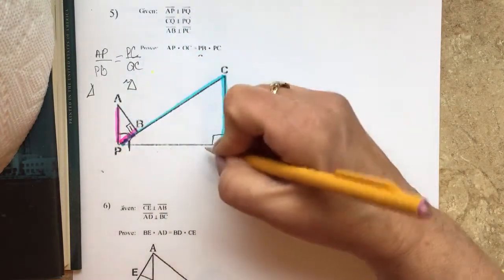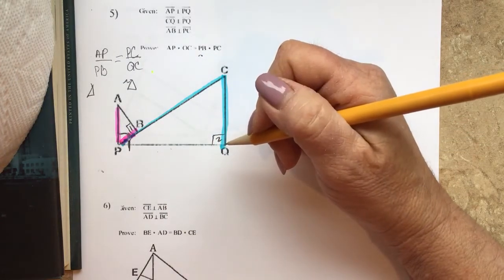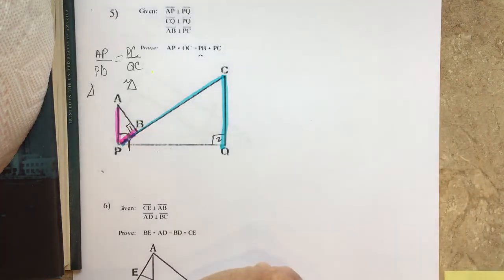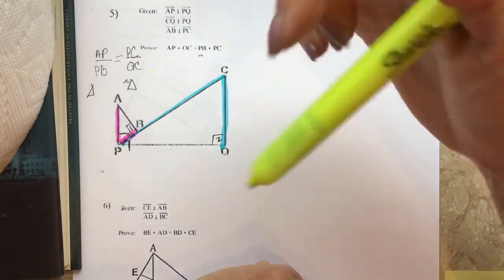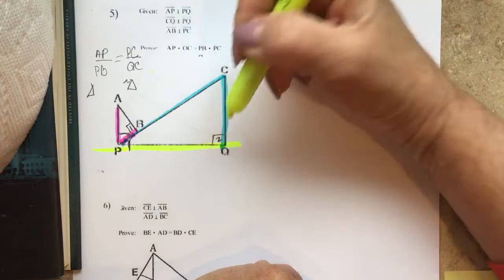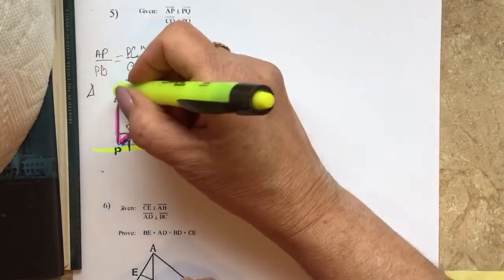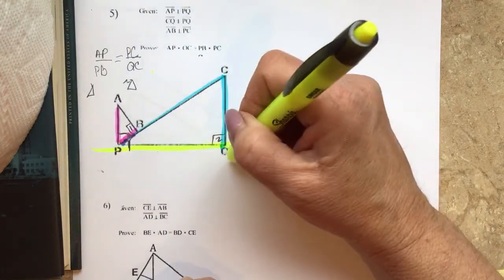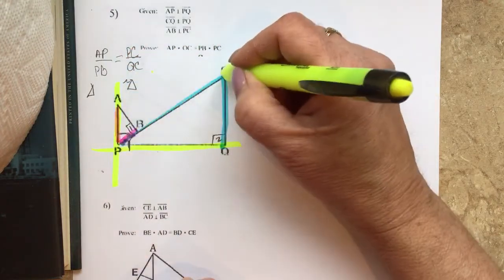Let's call this 1 and 2. All right, but now the question is, where are we going to get the other angle? Now, I'm going to extend this out a little bit. Since AP is perpendicular to PQ and CQ is perpendicular to PQ, these guys are parallel to each other.